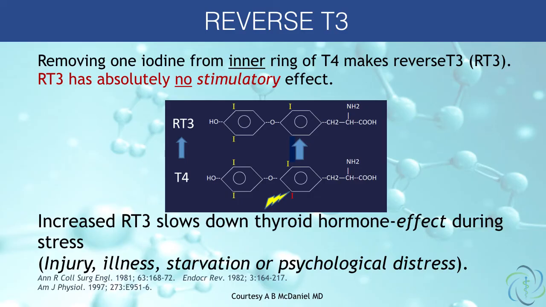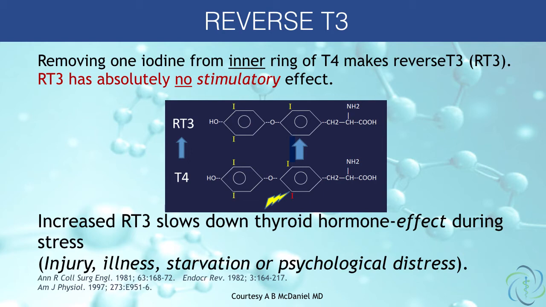And the reason that is relevant is that if we remove a different iodine from the inner ring, we create reverse T3. Now, reverse T3 is not similar to T3. In fact, it's like the opposite. It has absolutely no stimulatory effect. The increase in reverse T3 will actually slow down thyroid hormone effect.